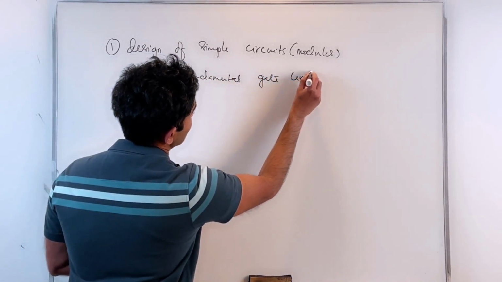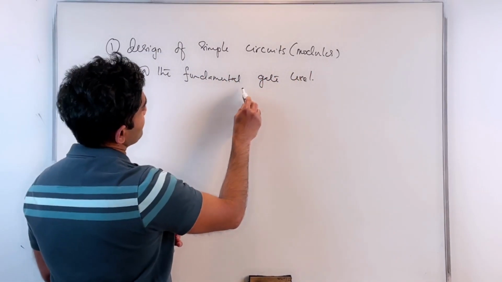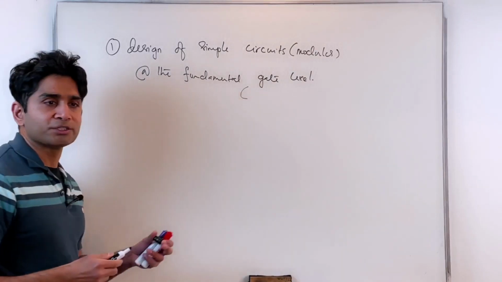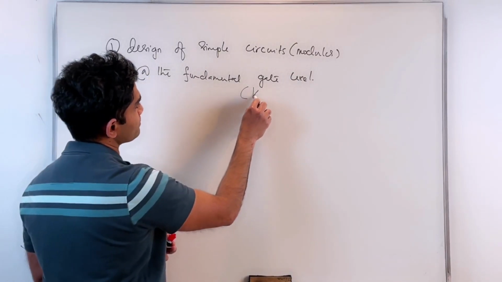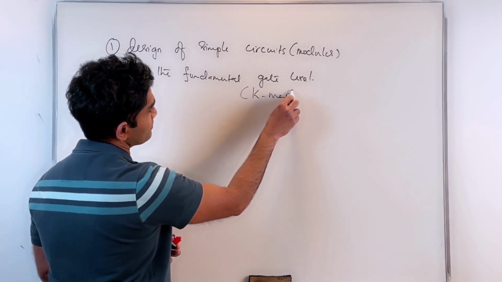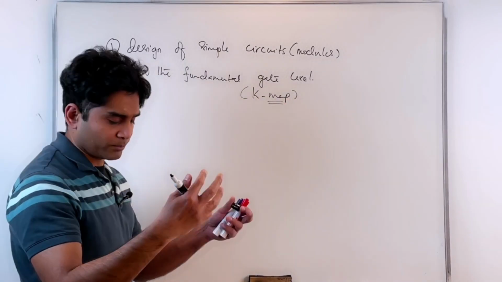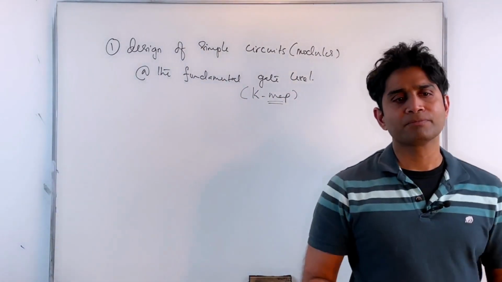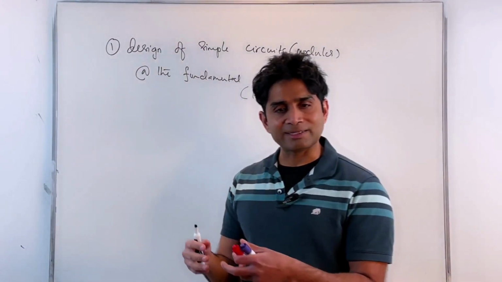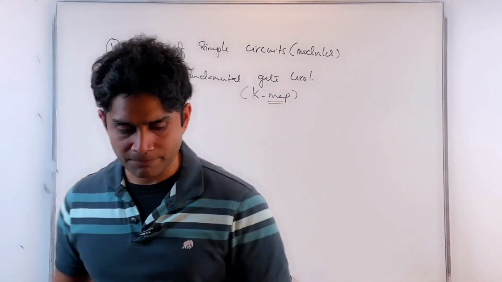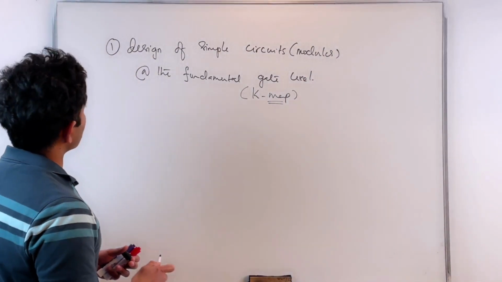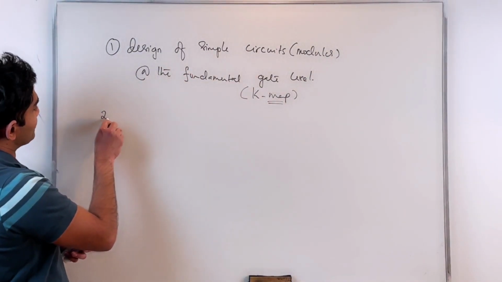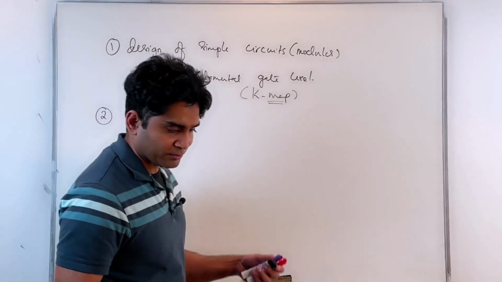So that was how we started out, right? And of course, the approaches that we have looked into were the K-map approach, right? Or the Boolean algebra approach to come up with a function and design or construct these modules.